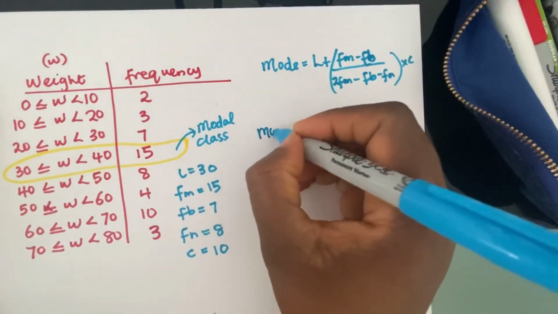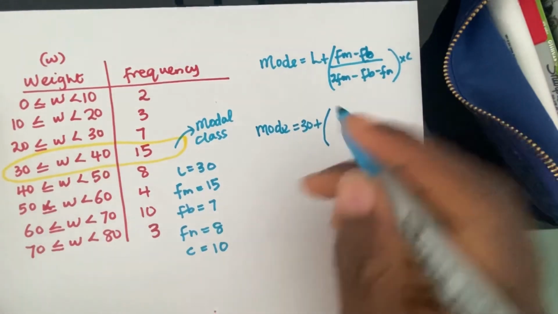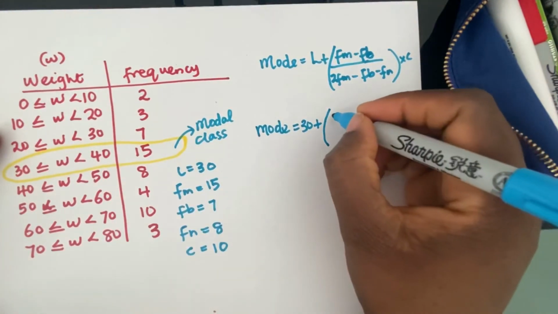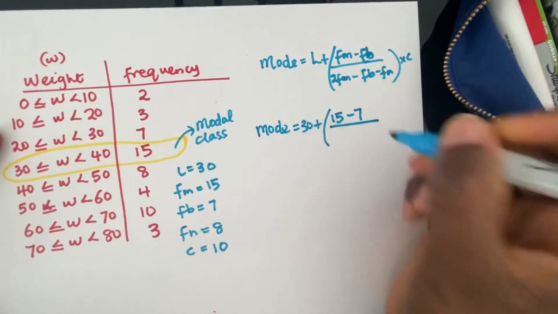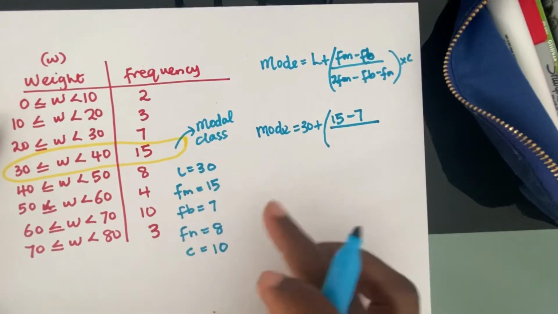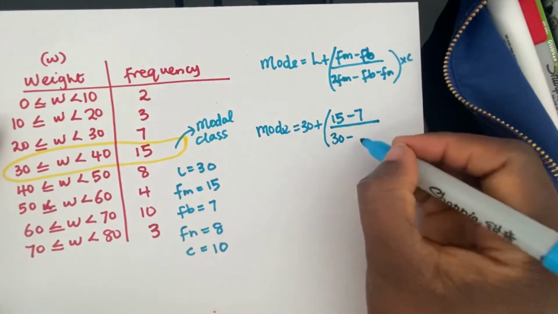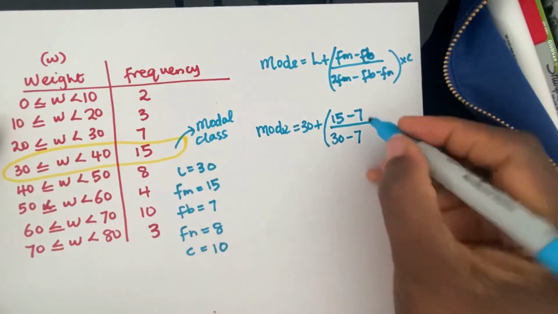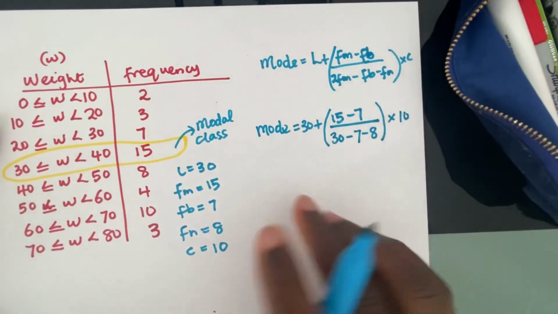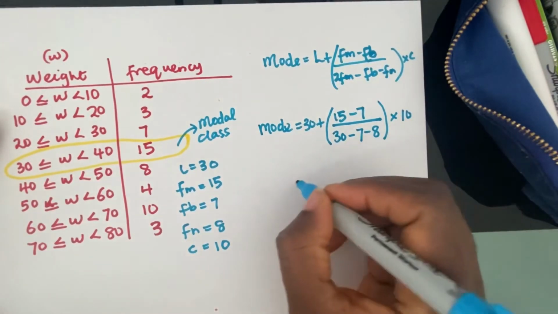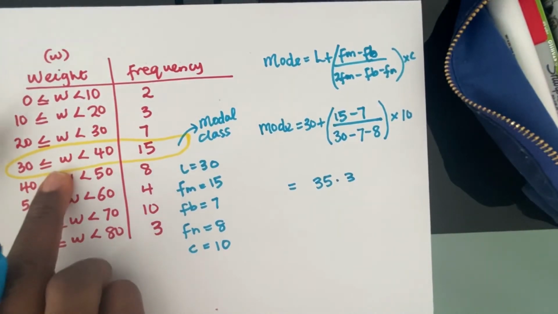Our mode then would be equal to L is 30 plus Fm is 15, so 15 minus Fb is 7, over 2 times Fm is 15, 2 times 15 is 30, minus Fb is 7, minus Fn is 8, times C is 10. So if we put all that into our calculator, that's definitely going to give us 35.3, which sits nicely inside of the modal class.